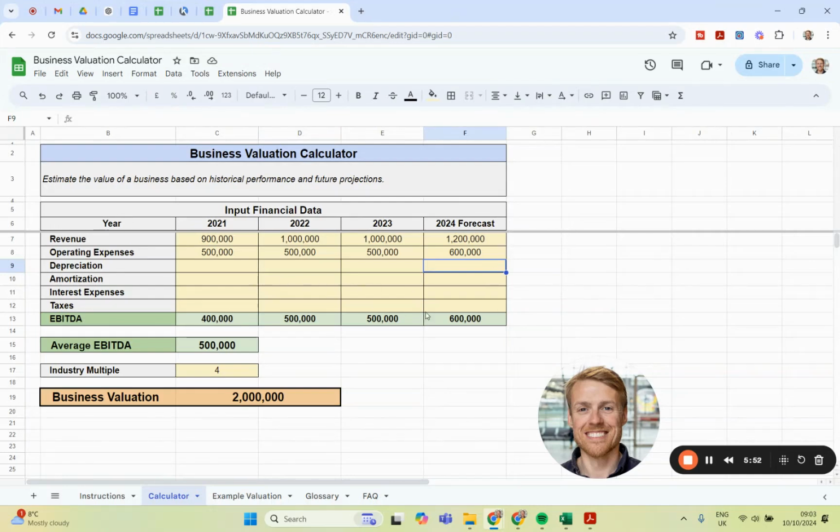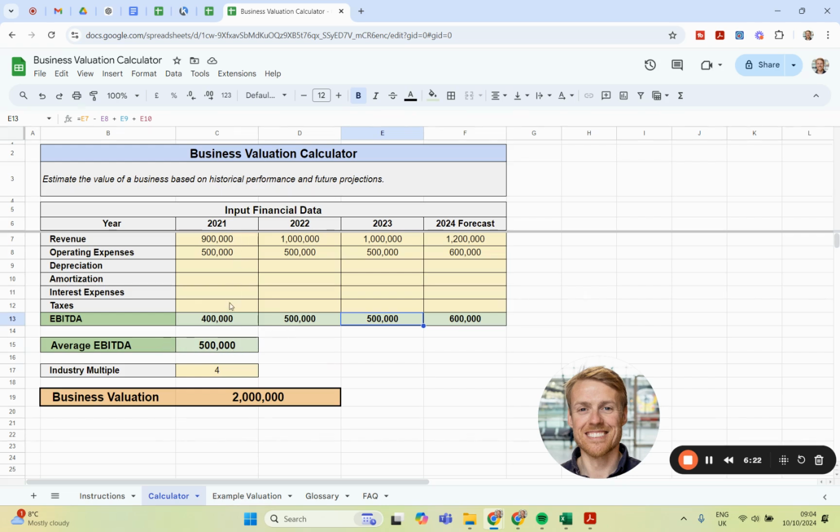And what we get here for each of the years is the EBITDA. So the EBITDA is basically what money a business is making, like the real profit when you take out all of the expenses and all of the other outgoings such as interest, etc. That gives you an EBITDA. Then, once we have the EBITDA for each year, we look at the average.